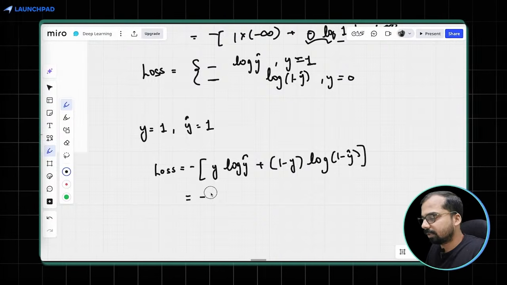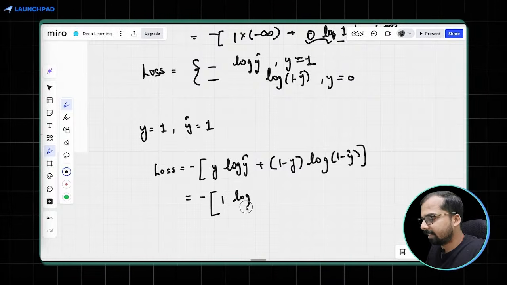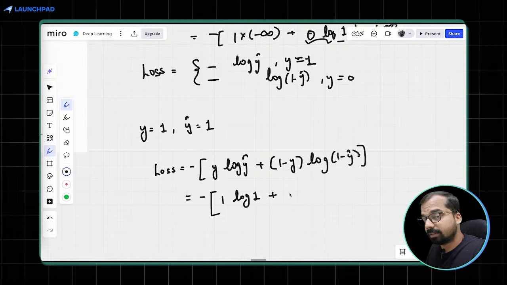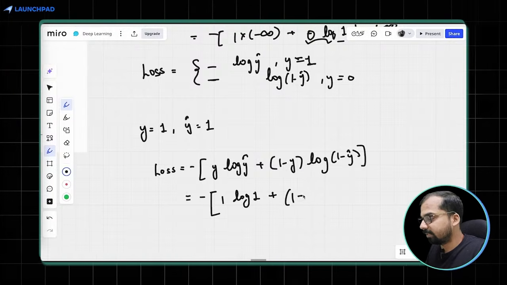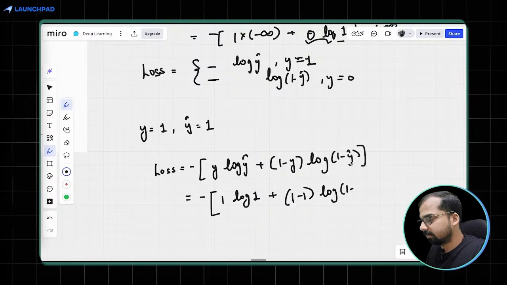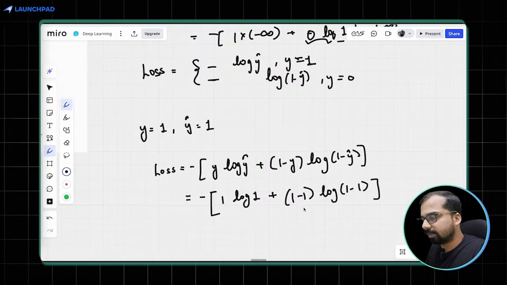So this becomes what? Minus of y is 1, log y hat is also 1, plus 1 minus y. 1 minus y is what? 1 minus 1, log 1 minus, again this y hat, y hat is also 1.